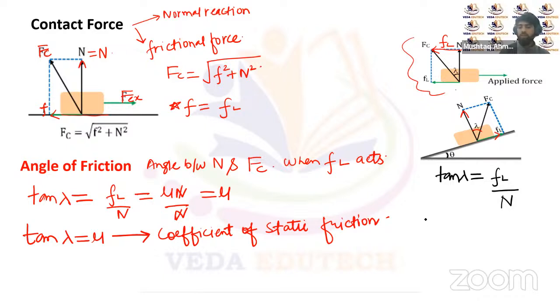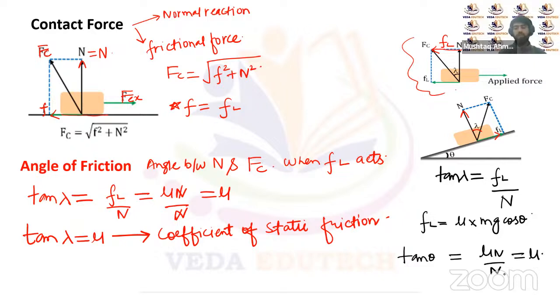And we know FL here on an inclined plane is mu N, and N on an inclined plane is mg cos theta. So we can substitute the values once again. Tan lambda is equal to mu N upon N, which once again gives us the coefficient of static friction.